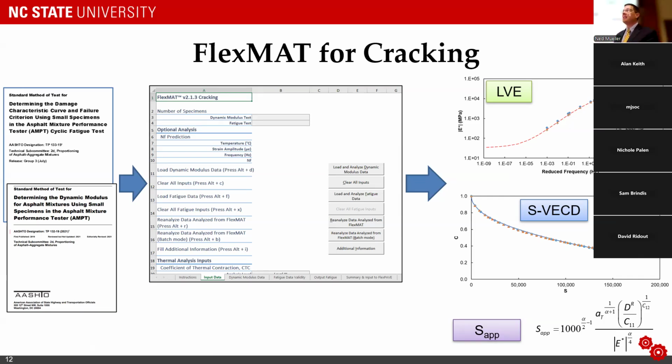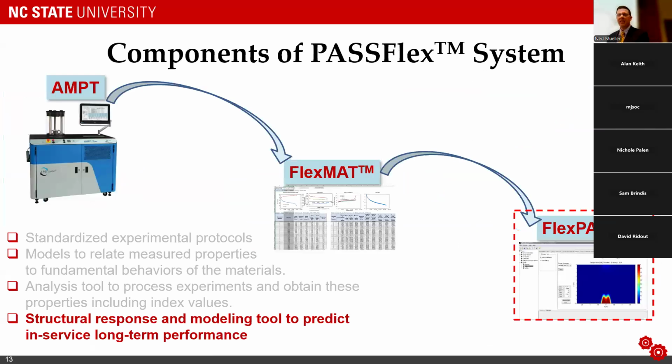And I'm not getting into all the details. Remember, I told you I was going to spare you the equations today, but we use this again to generalize across a number of external temperatures, loading conditions, and so on, and then devise some practical tools that can be leveraged to understand the material.